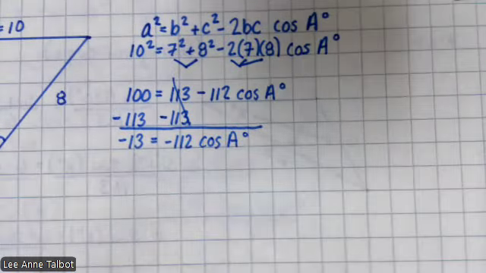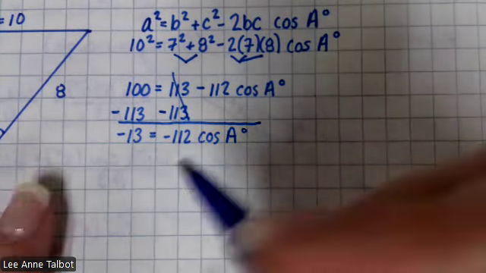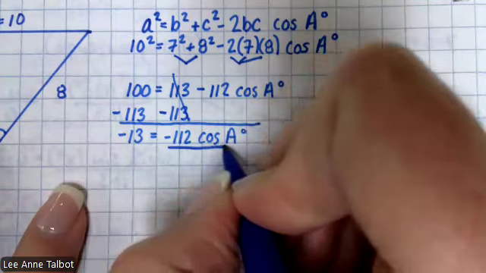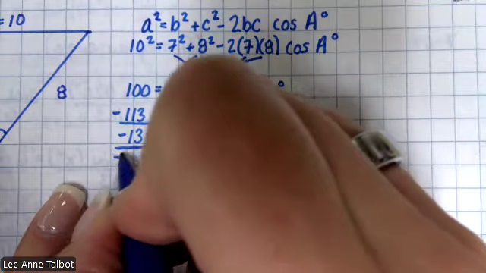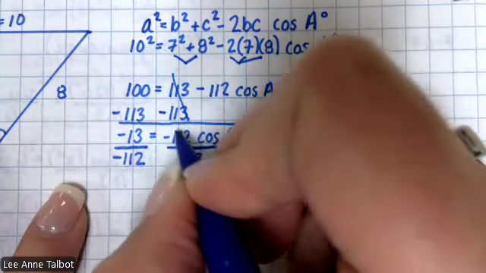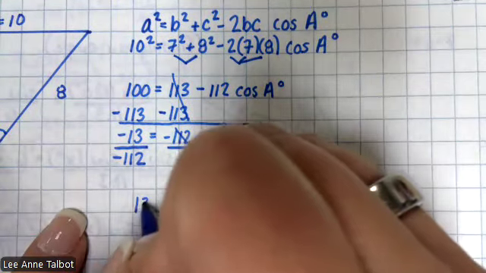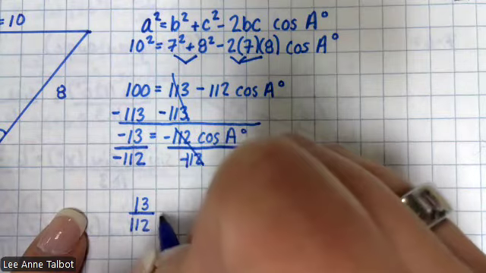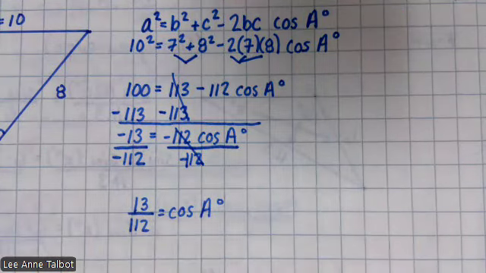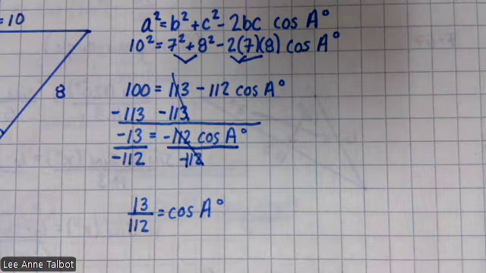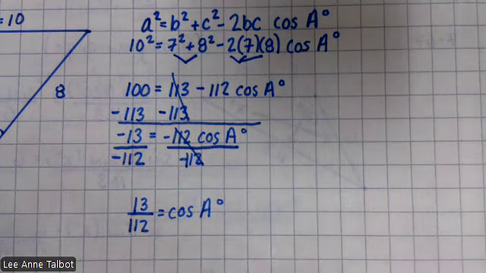Okay, you with me so far? Now we want to get A by itself. We're going to go step by step. How do I undo cosine? Cosine inverse.